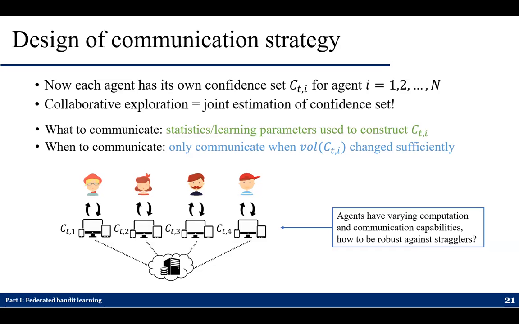So in this case, one question we consider is how do we be robust against such stragglers? We want our whole learning procedure to not need to wait for such a slow client. Instead, it will just go on without waiting for everyone in the system to finish the task. So we want to update the model whenever we receive a communication.